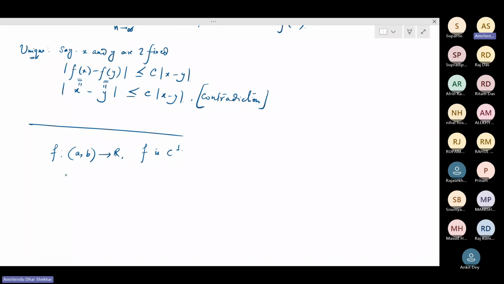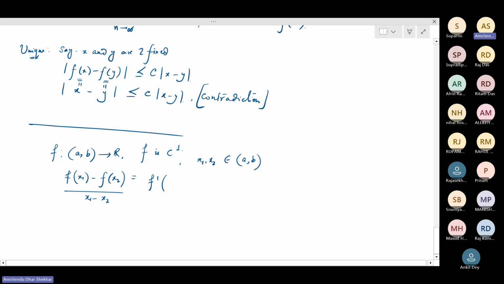Now of course we know from the mean value theorem that if you give me any points x1 comma x2 that lie in a comma b, then f of x1 minus f of x2 divided by x1 minus x2 is equal to f dash of some number theta, where theta lies between x1 and x2.